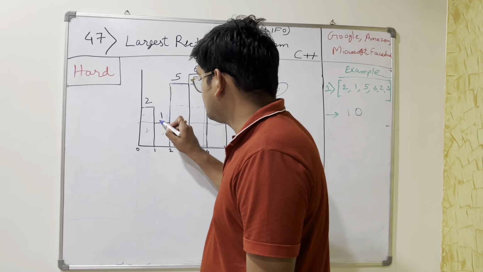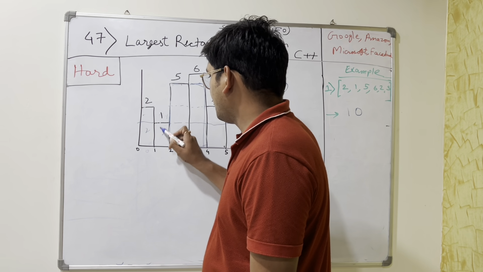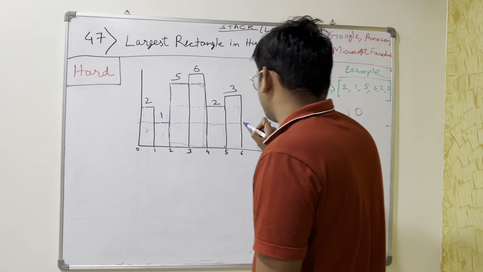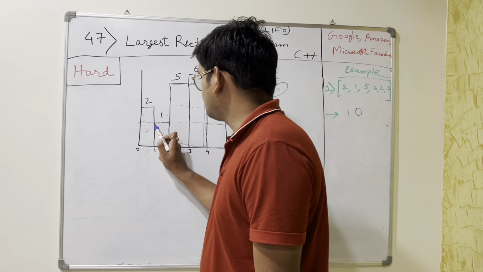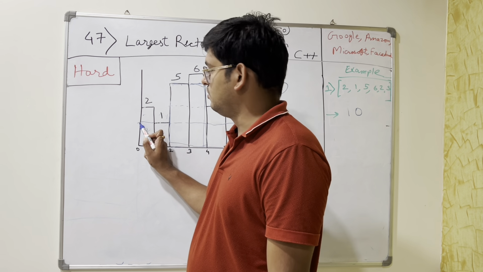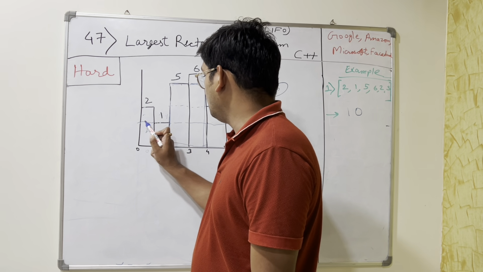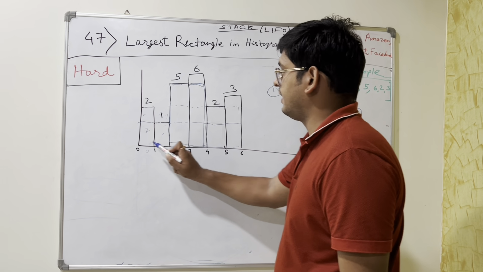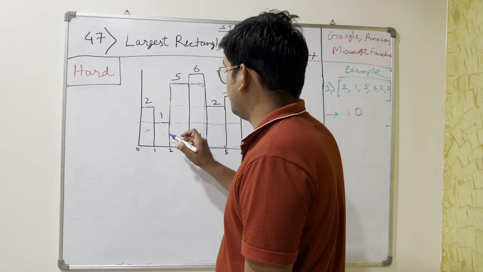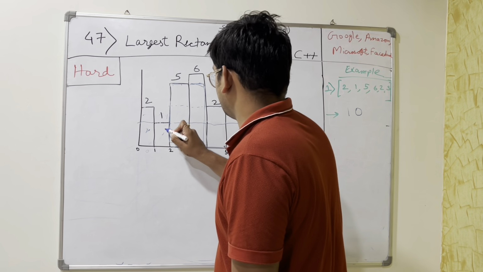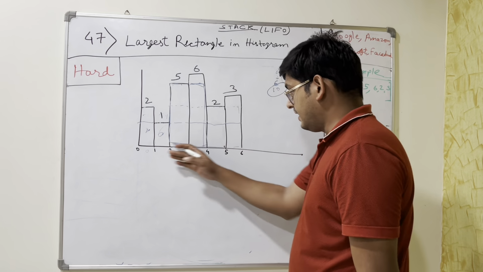When I tried for this one, I could extend it up to here till the last, and I could extend this one to the left. So the whole thing was the part of the rectangle. So what was the area that we could form for 1? It was 6 into 1, 6, right? Height is 1, length is 6.